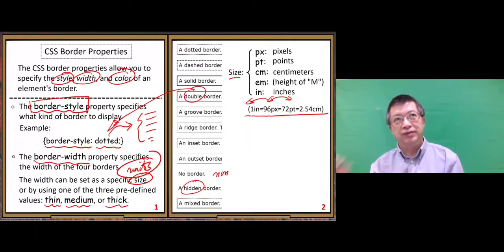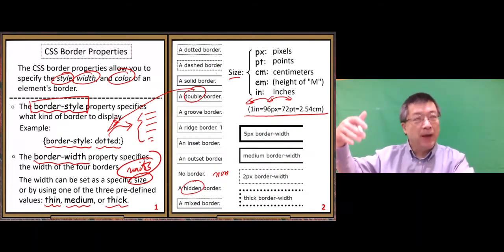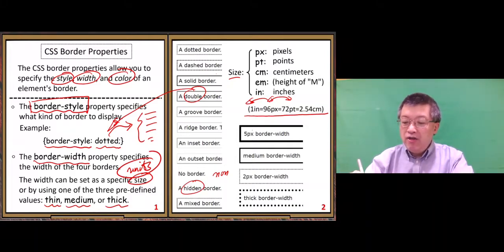So when you do your own design, you will set the right size. Here, just to give you some examples. You can see 5 pixels, 5px, the border width is already very thick.